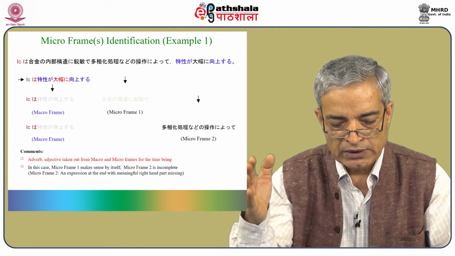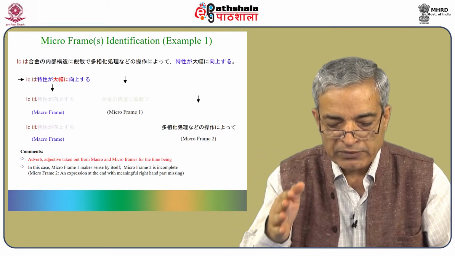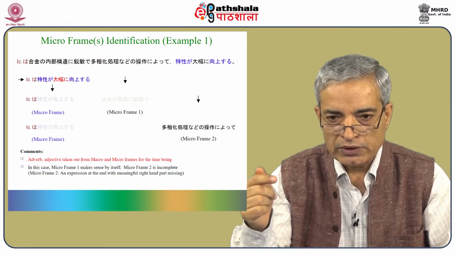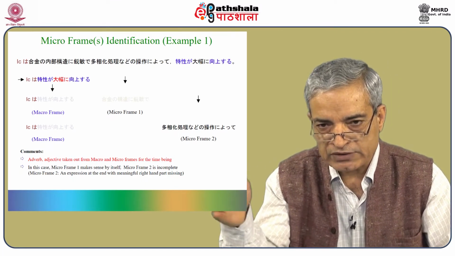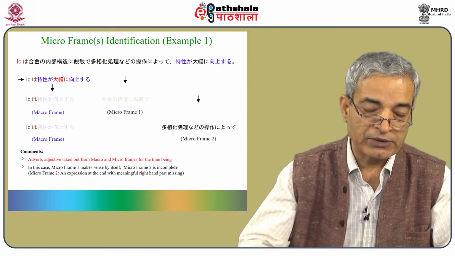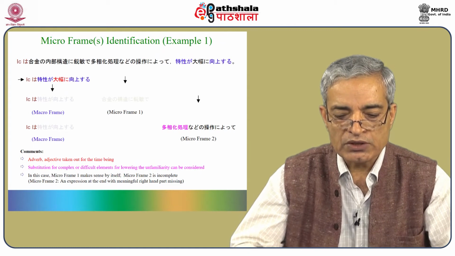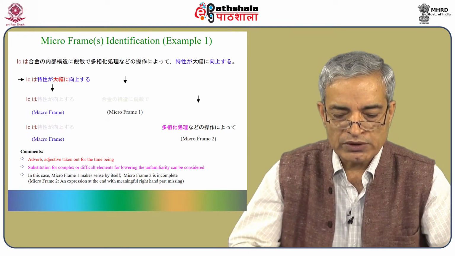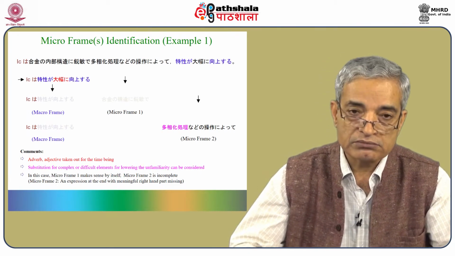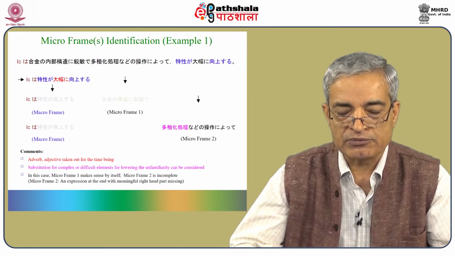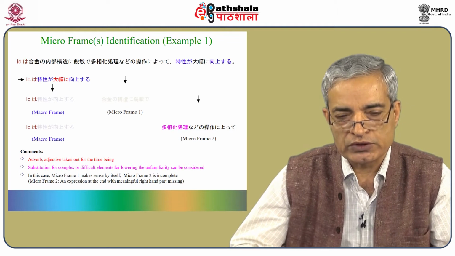If we see here, macroframe 1 makes sense by itself. Macroframe 2 is incomplete. Ni yotte should have something further, so it is incomplete, but ni yotte itself is an expression. And in this also, tasoka shori nado, this tasoka shori, if you find it difficult, you can remove it and substitute it with something, and that substitution can be A nado no sosa ni yotte.